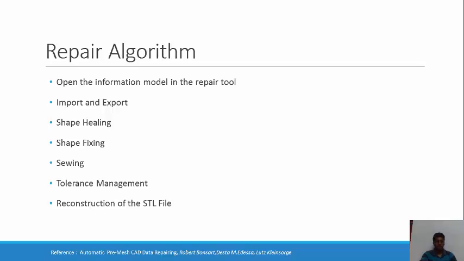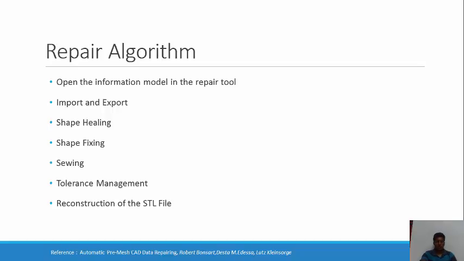Next is importing and exporting of the file. The importing and exporting module of the algorithm includes the exchange of CAD data between different standards and OCC shape as intermediate data. CAD data are read from a neutral format and translated into the original shapes. The healed geometries are exported to STL, STP or IGES file formats.